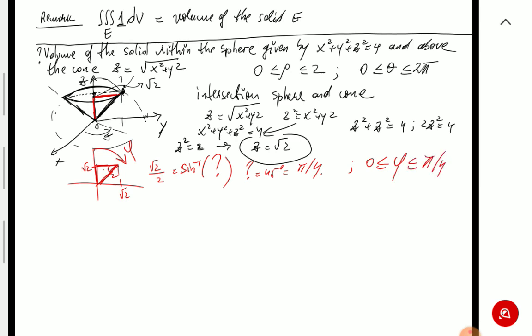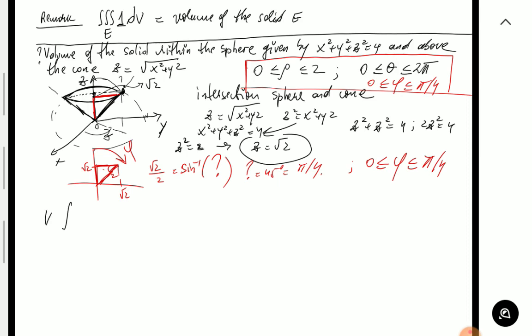Let's write it here on the top: 0 less than phi less than pi over 4. These will be the bounds in my triple integral. So with this, we can proceed with setting up the triple integral.